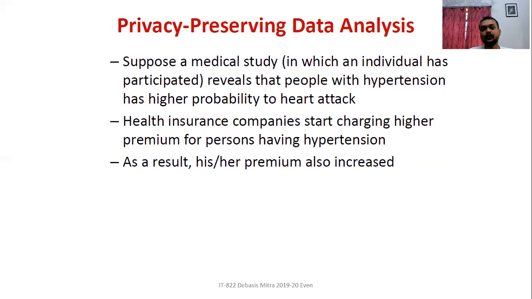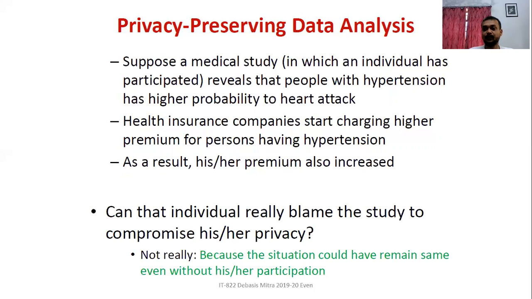But if we look carefully, it is not true. Though it is finding something new for that particular individual, that individual cannot claim that this study has compromised his or her privacy.